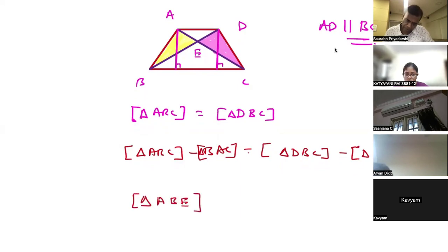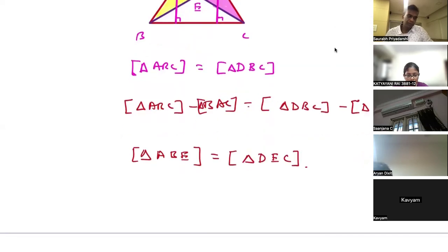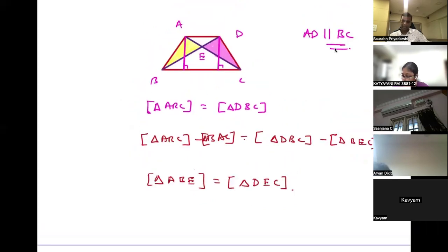Area of AB, the yellow one, and the orange one. Right? Please refer to this diagram.